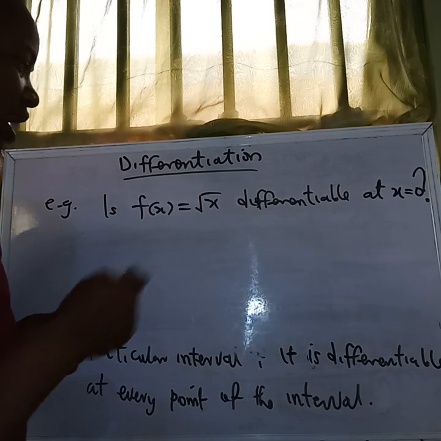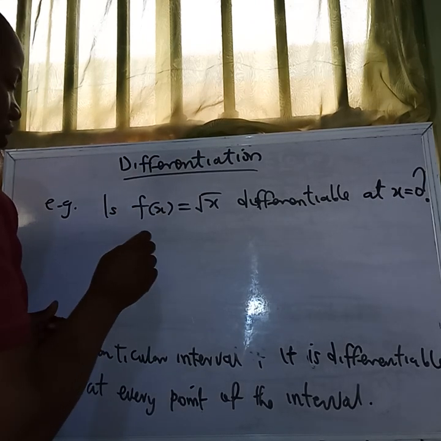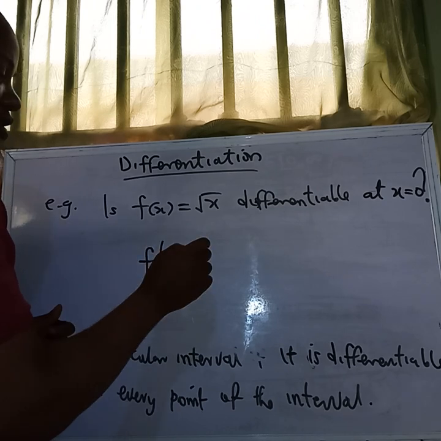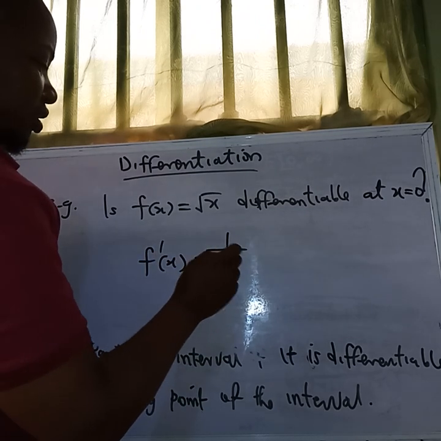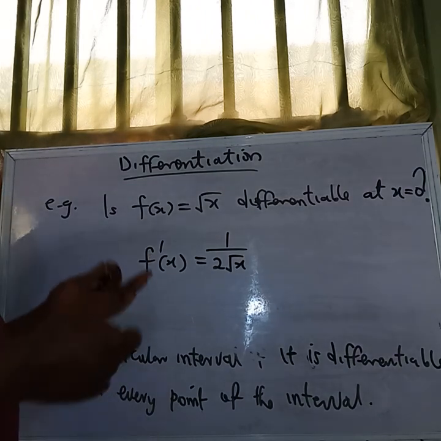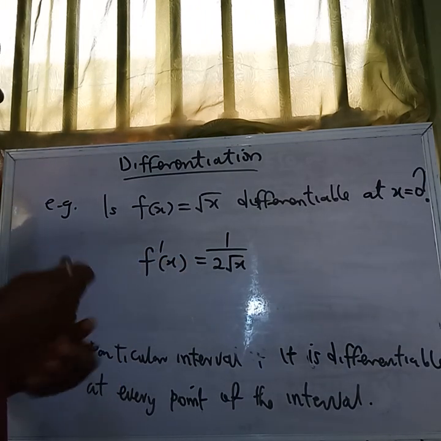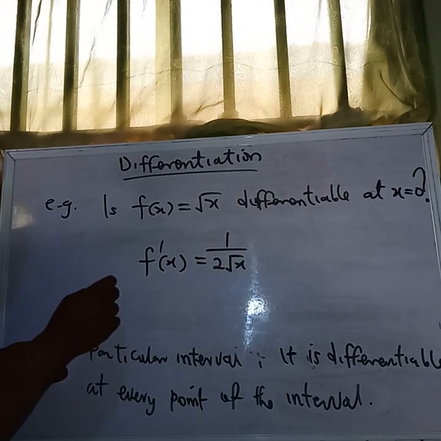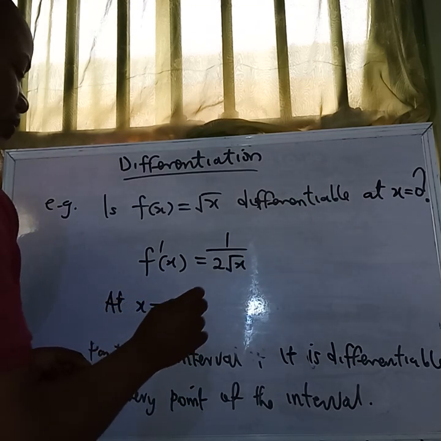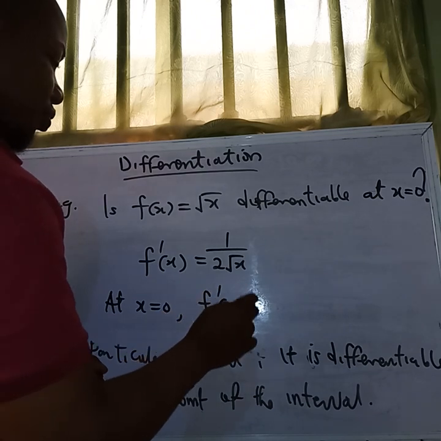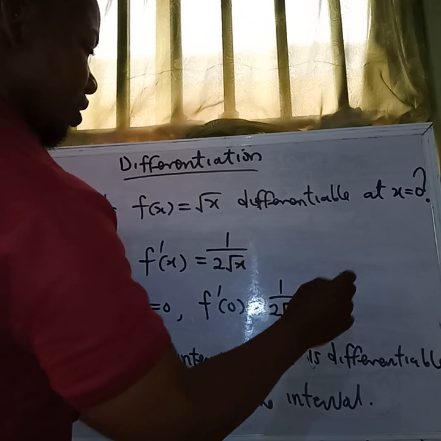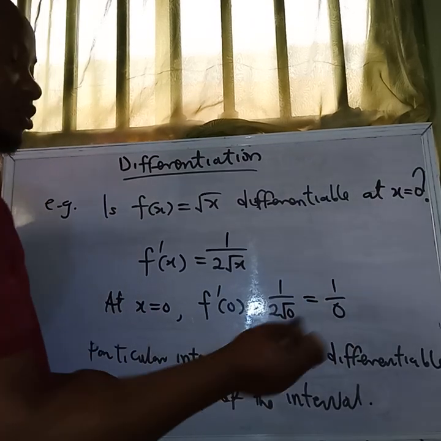Earlier we know that the derivative of this function is given by this. So at x equal to 0, let's see what happens. At x equal to 0, f prime of 0 will be equal to 1 over 2 times the square root of 0, and this is 1 over 0, which is undefined.